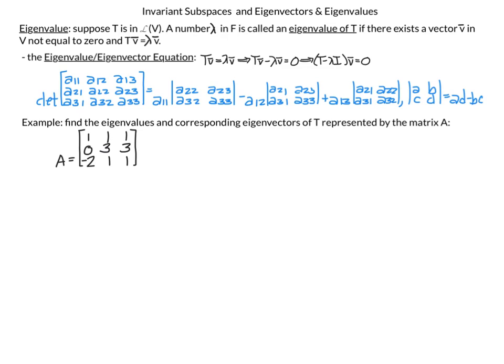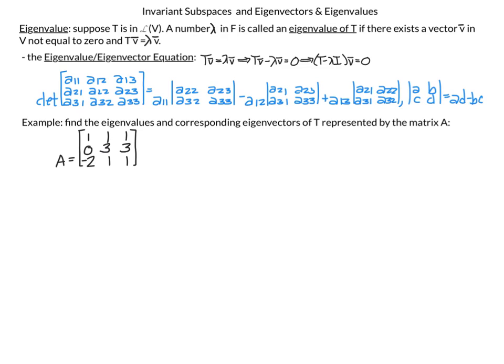I'm then going to go to my next element on the top row, cross out the rest of the top row and the column that A12 belongs to. The signs on my determinant will alternate, so now I'm going to have minus A12, and then I take the determinant of what's left. That's the A21, A31, A23, and A33.